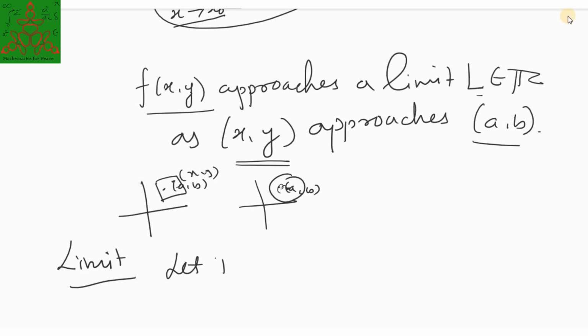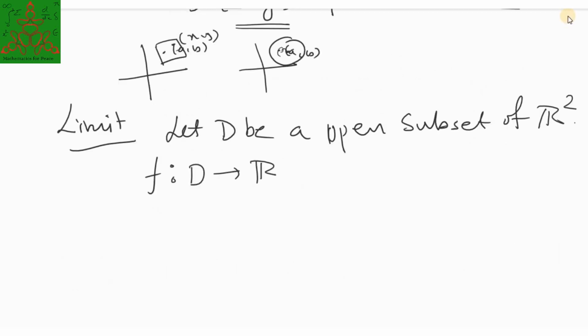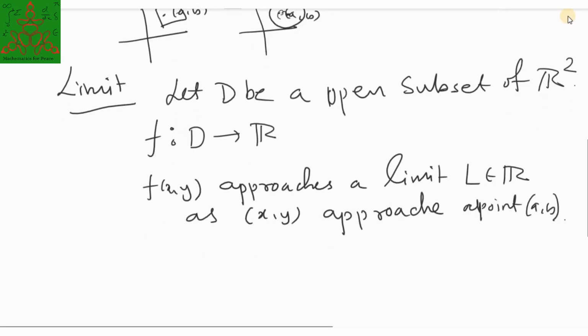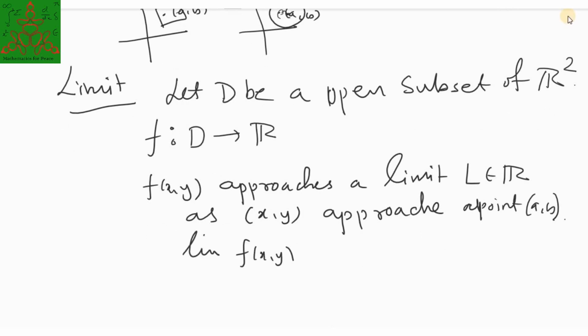Let D be an open subset of R2, and f a function from D to R. We say that f of x y approaches a limit L belonging to R as (x, y) approaches the point (a, b), and we write limit of f of x y is L as (x, y) approaches (a, b).